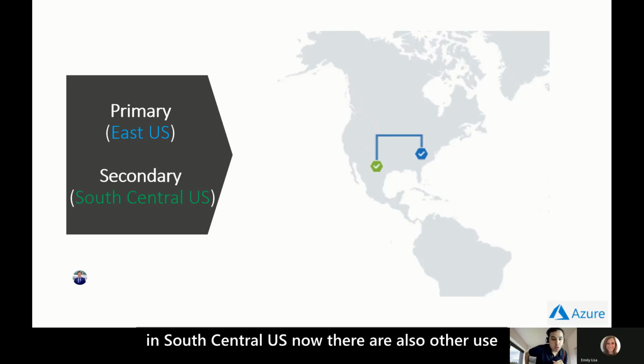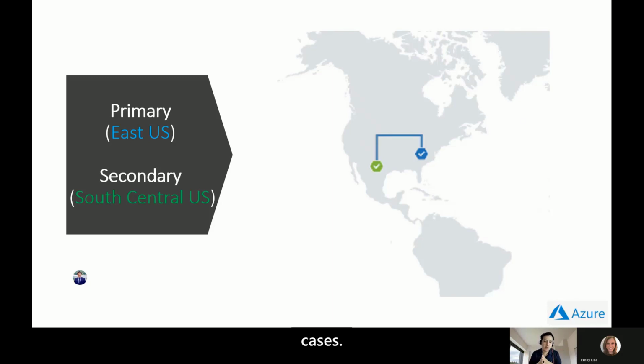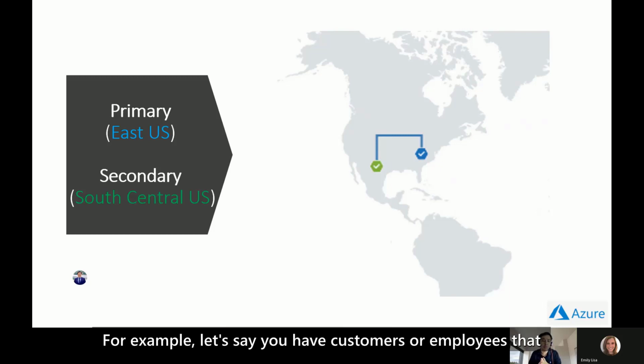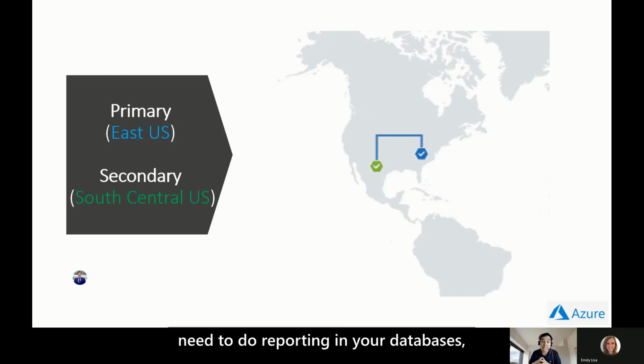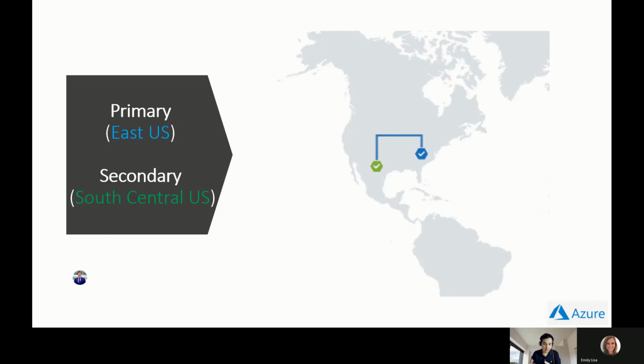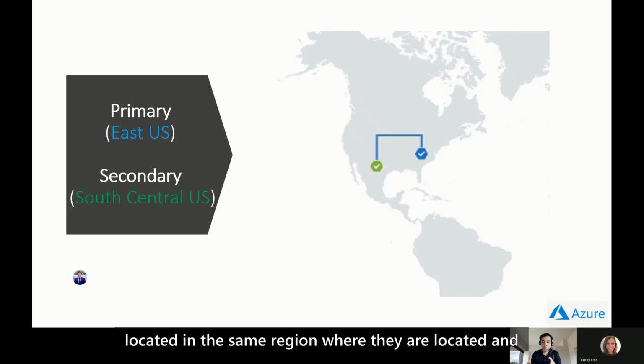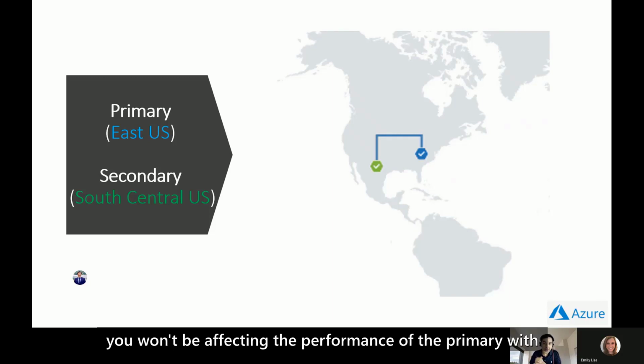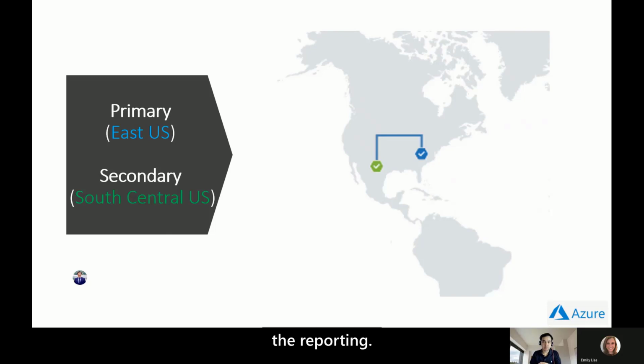Now, there are also other use cases. For example, let's say you have customers or employees that need to do reporting in your databases, and these customers are located in Texas. So in this scenario, they can actually query the secondary database. They will have low latency to run reports because the database is located in the same region where they are located, and you won't be affecting the performance of the primary with the reporting.